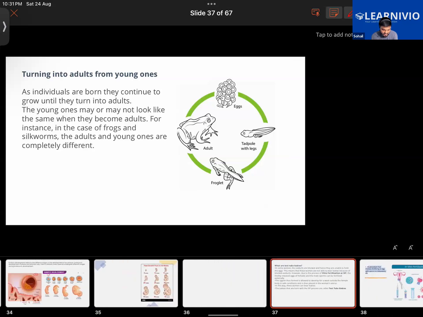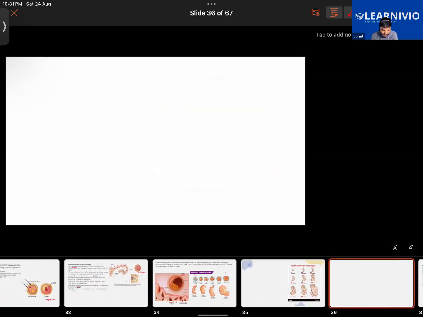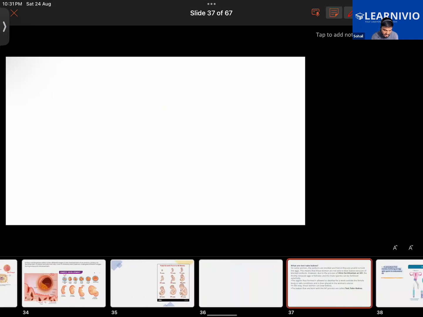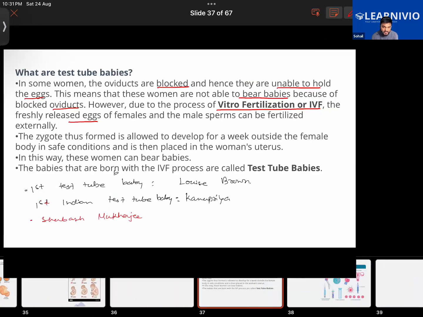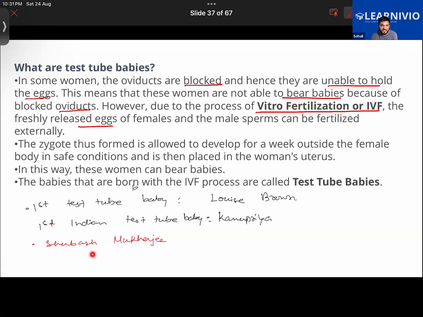By the way, you guys do one thing. Do a little research about this scientist, Subhash Mukherjee. You will get to know that he was actually not credited for his achievement. Let me tell you what happened.